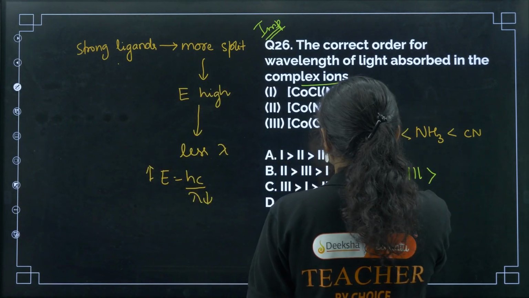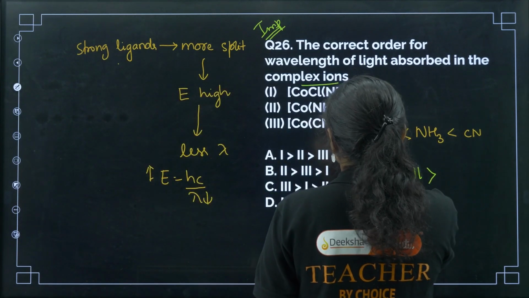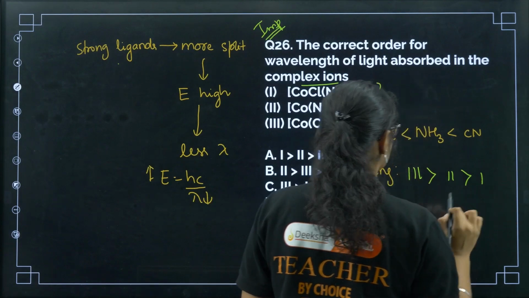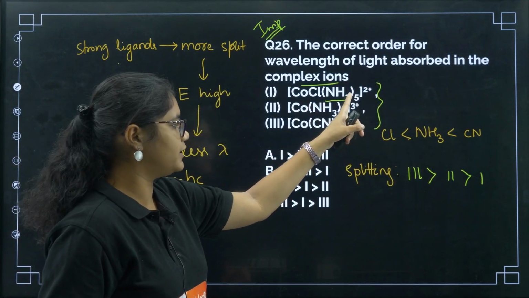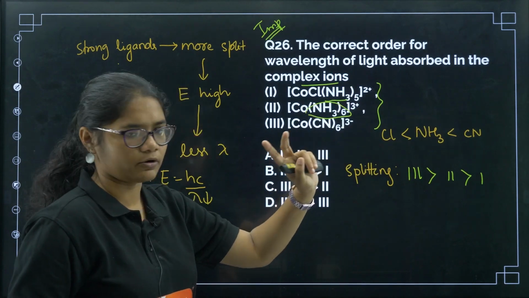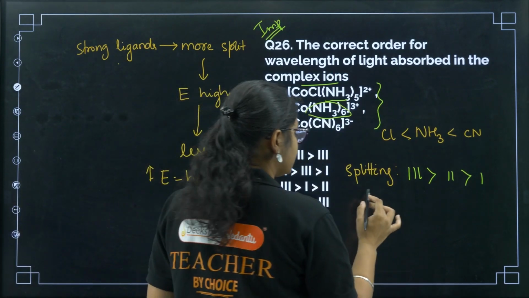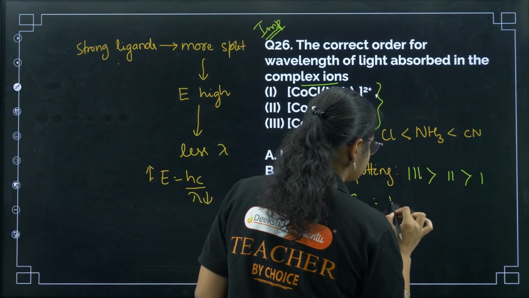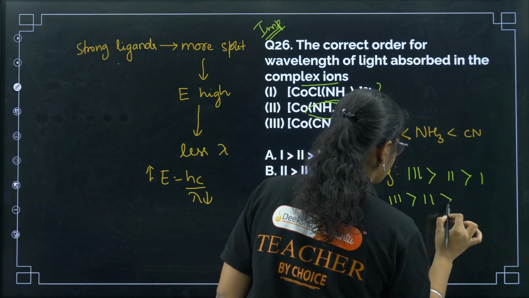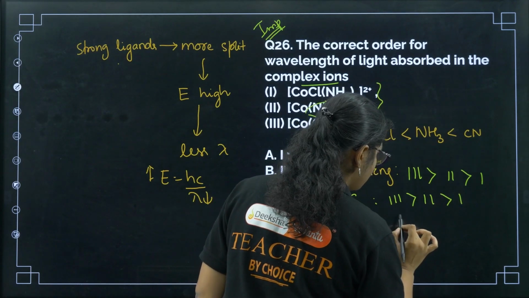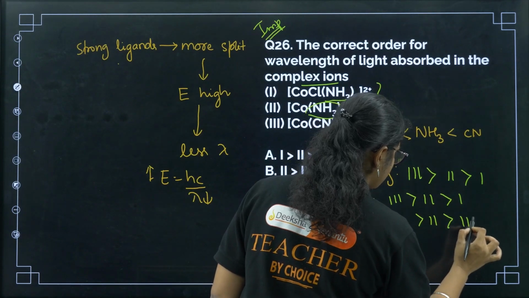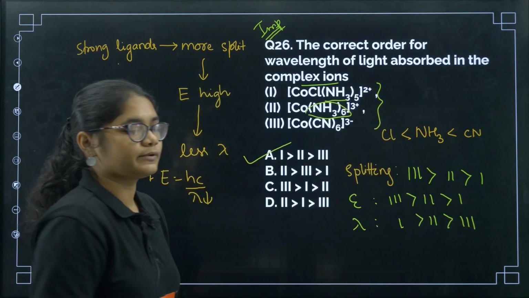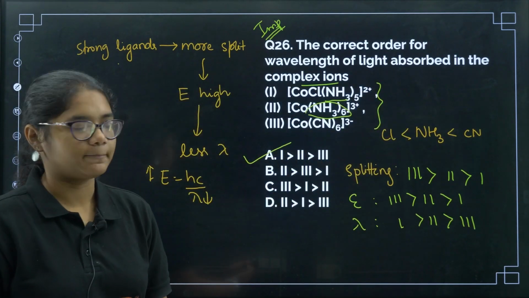After 3 it will be 2, and after that 1. Because here you have 5 NH3 groups, and here all 6 are strong field ligands. Then if the splitting is in this way, the energy order will also be like this, right? But the wavelength order will be: 1 will have the highest wavelength, then 2, and then 3. Okay, so the correct answer for this question will be option number A.